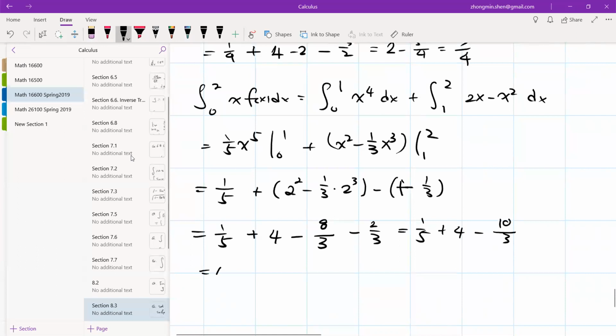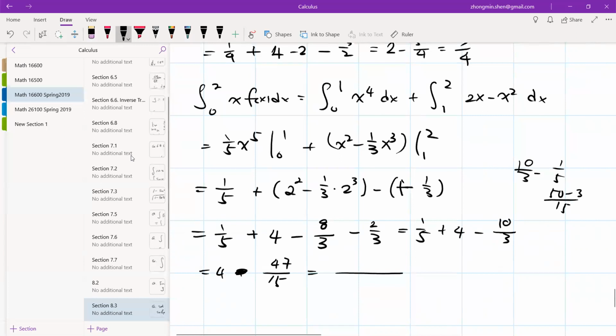And combine them: 1/5 minus... oh, that's too bad. It's getting more and more complicated. All right, so 10/3 minus 1/5 is equal to 50 minus 3 over 15, which is 47 over 15.